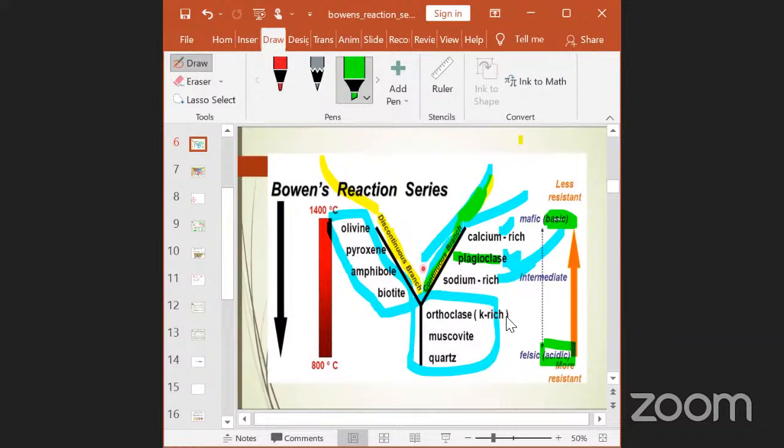But if we don't remove the early phases, the minerals are constantly in contact with the melt.